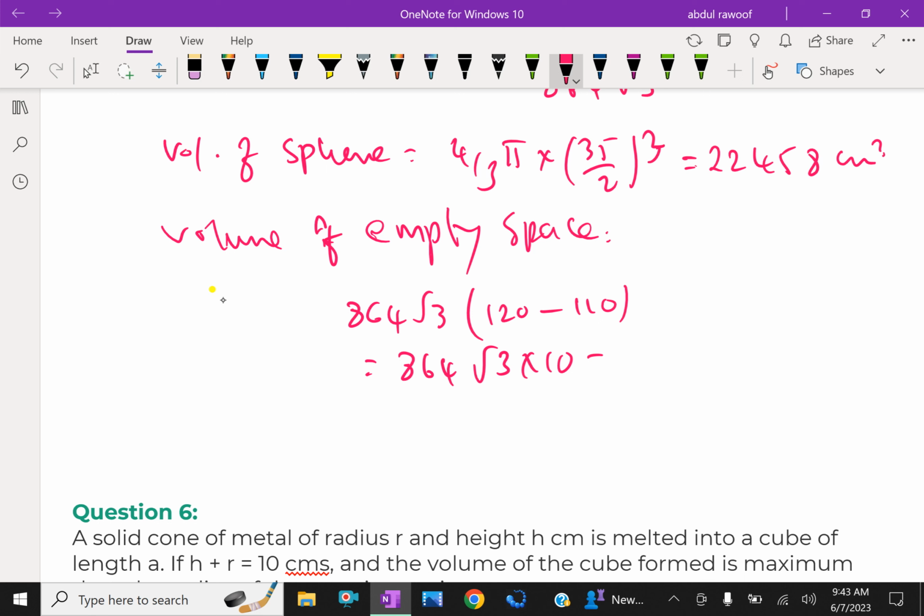Now, root 3 value is 1.73 approximate, then it gives 14965 cc, centimeter cube.